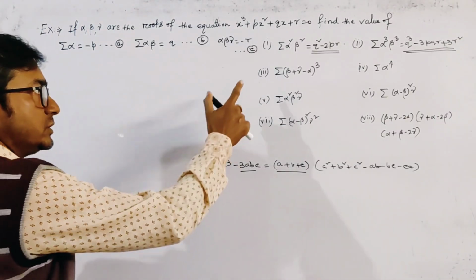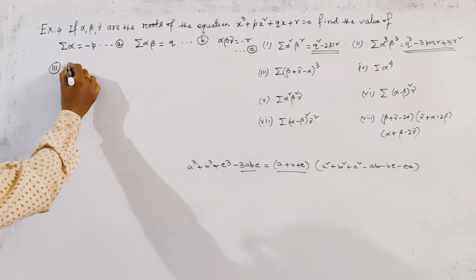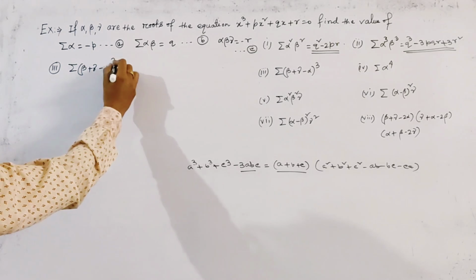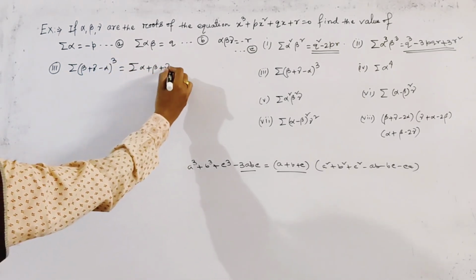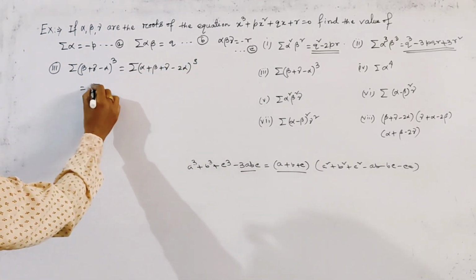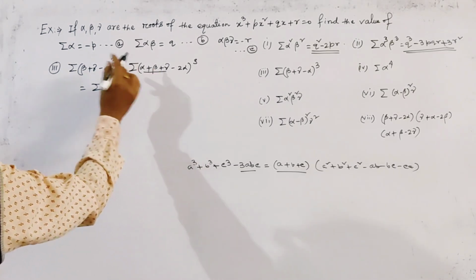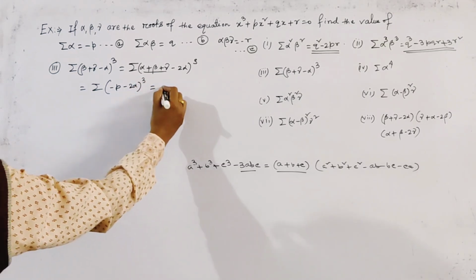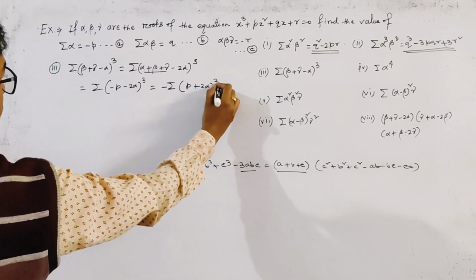Now for the third expression: summation beta plus gamma minus alpha whole cube. We can write this as alpha plus beta plus gamma minus 2 alpha whole cube. Summation alpha is minus p, so this is minus 2 alpha whole cube, which is minus summation p plus 2 alpha whole cube.